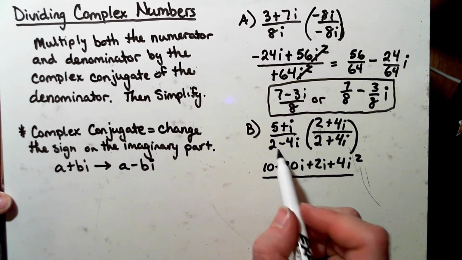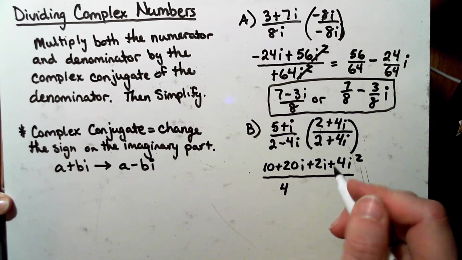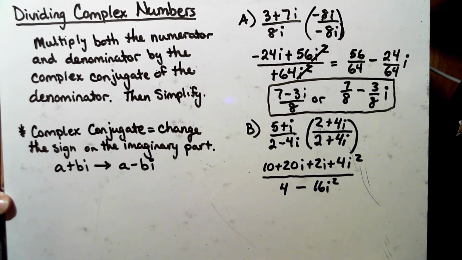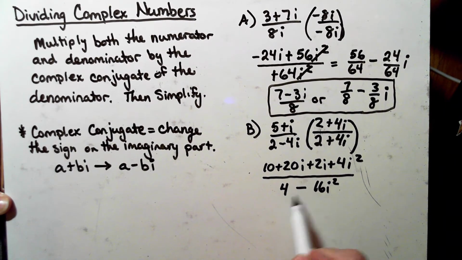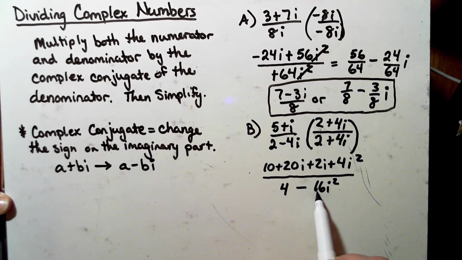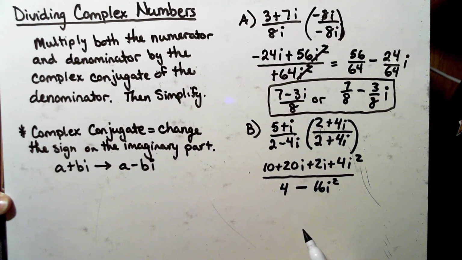So the special pattern is that you square the first term, you square the second term, and write a minus sign in between. So 2 squared is 4. 4i squared is 16i squared, and the minus sign is here. Now we just need to simplify.